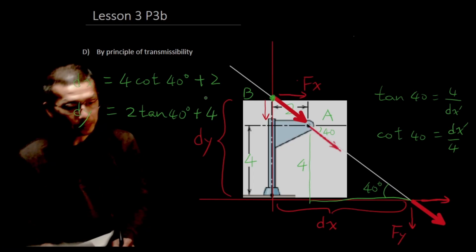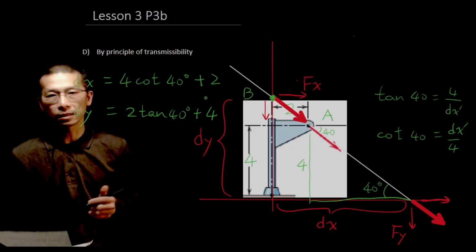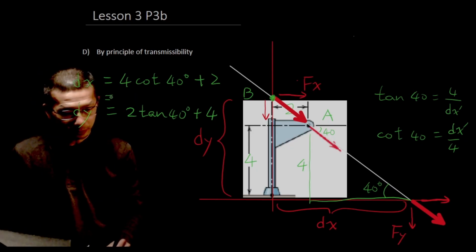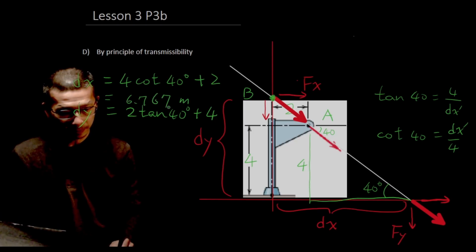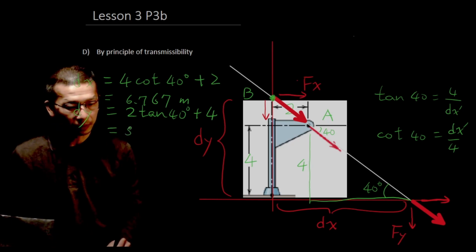Okay. So now we find our dx and dy. So dx is equal to 6.767 meters. Our dy is equal to 5.678 meters.